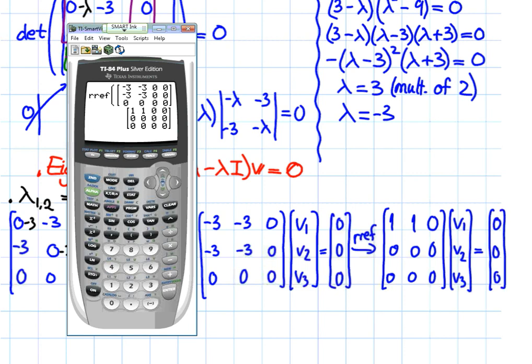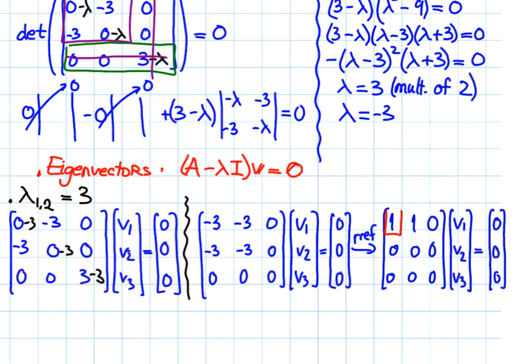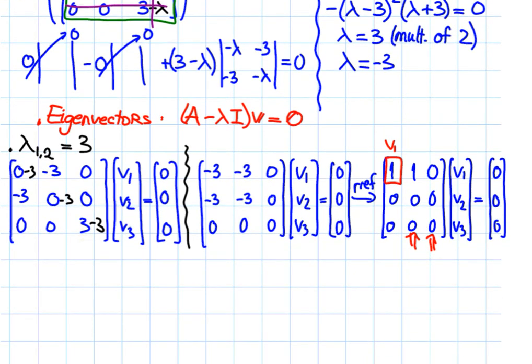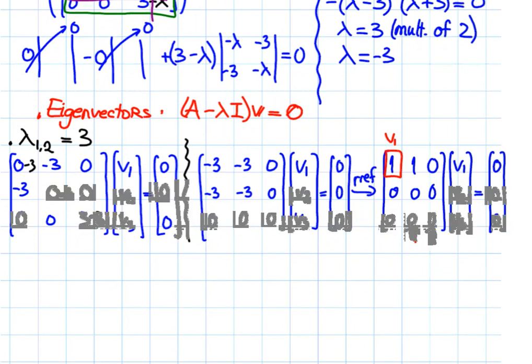Note that in terms of the pivot entry, we only have one, that is on the first column of V1. So V1 is not free. V2 and V3 do not have the pivot entry, so V2 and V3 will be free. As you see, there's no leading non-zero entry.